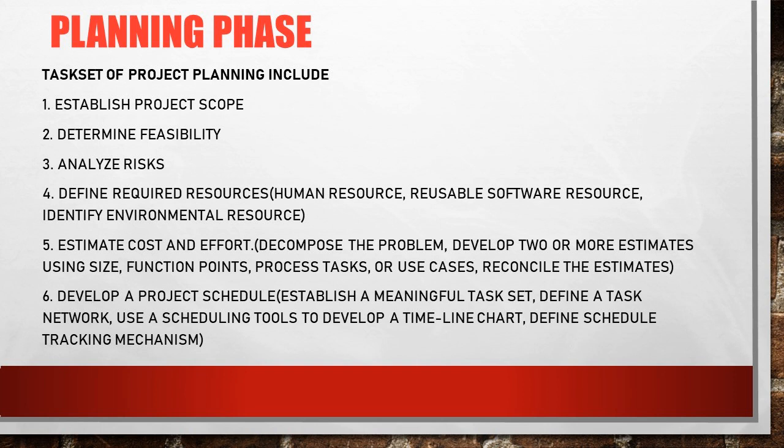The last task set of project planning is developing a project schedule. That is, establish a meaningful task set, define a task network, use scheduling tools to develop a timeline chart, and define a schedule tracking mechanism so that we can determine the deadline for each of the activities, and thus, as per the schedule, the work can progress in software development.